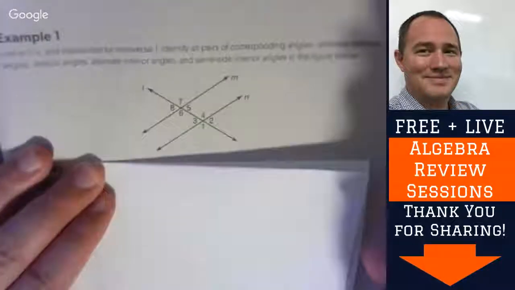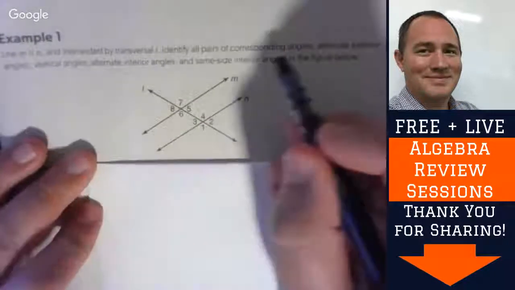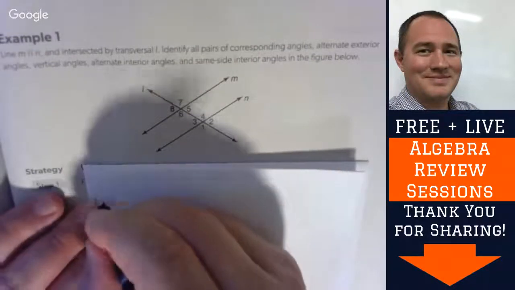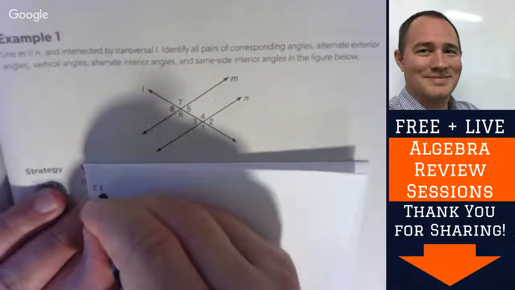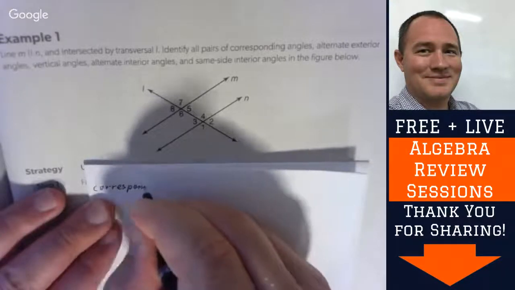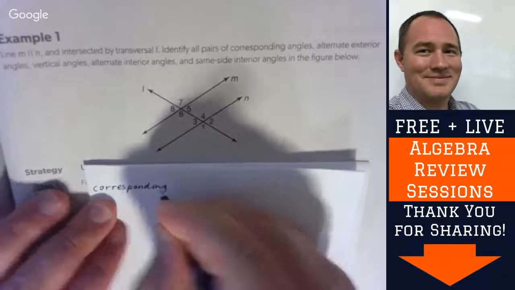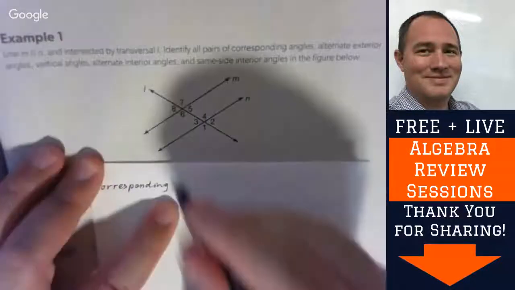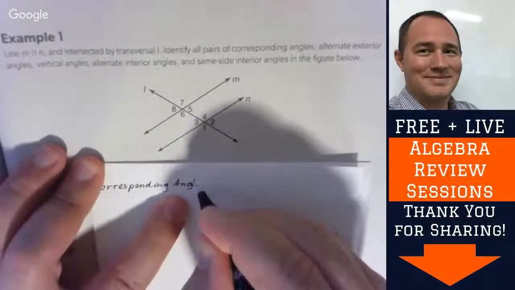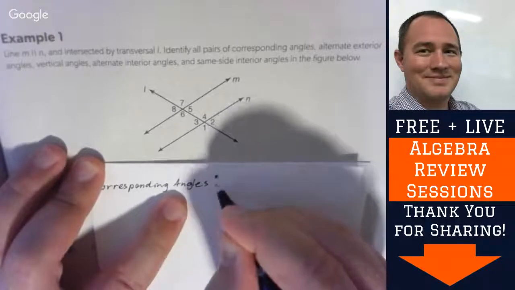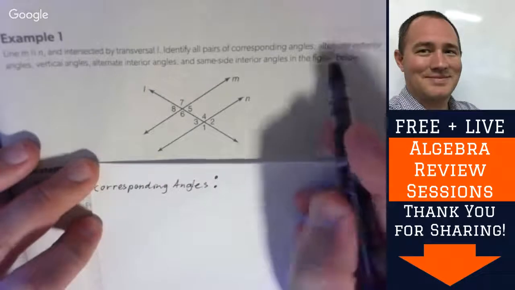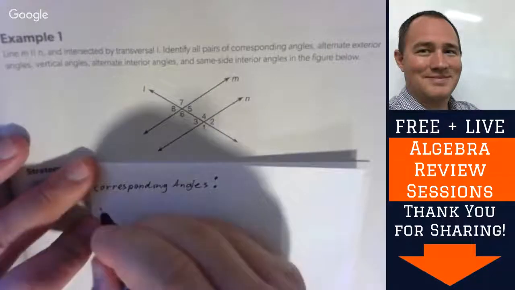So we want to find corresponding angles, and we want to find alternate exterior angles.